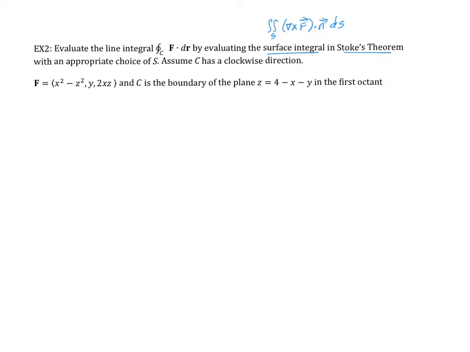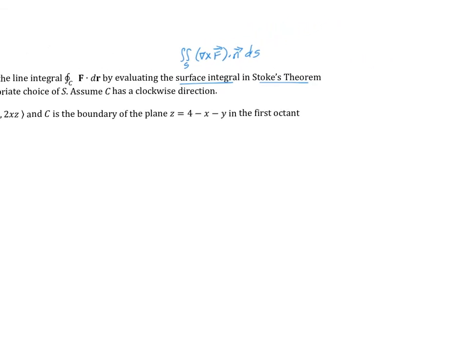Okay, so the difficulty here is my vector field F is given, so that's not a problem. Finding n and being able to describe S is the issue. So remember, we can always use dS as n dA, dA instead.